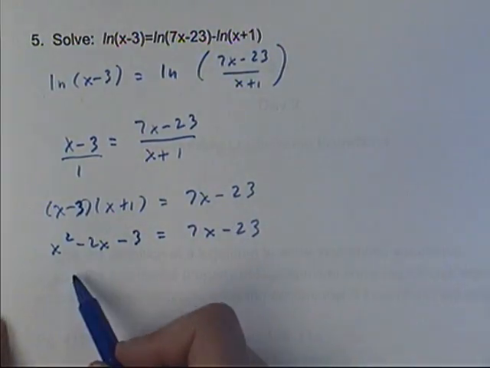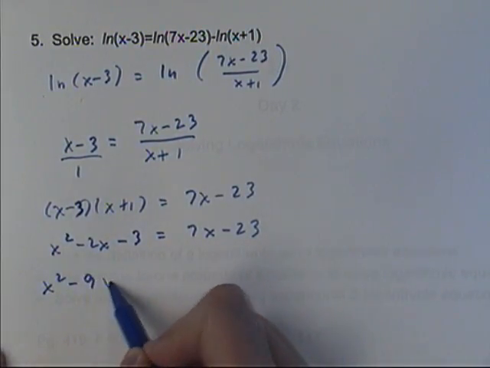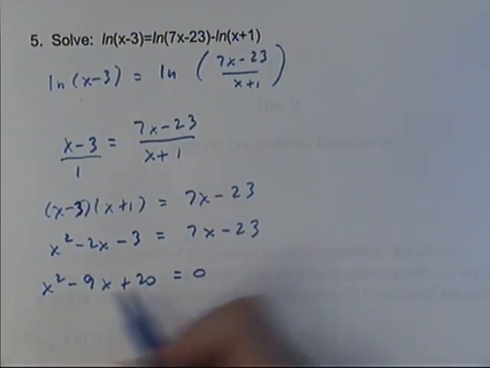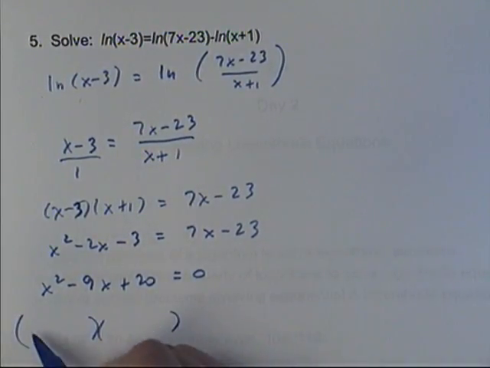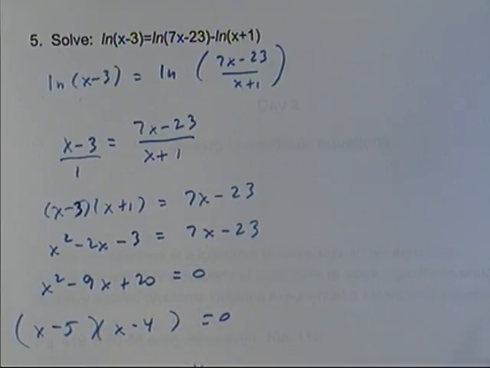And then I'm going to subtract 7x on both sides, which gives me minus 9x, and add 23 on both sides, which gives me positive 20. Setting it equal to 0 and factoring gives me x minus 5 and x minus 4. So my two potential answers are x equals 5 and x equals 4.